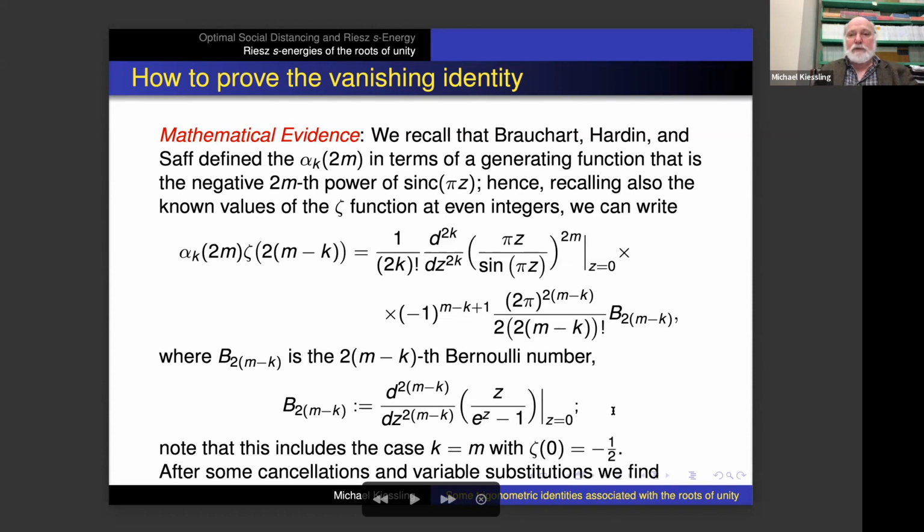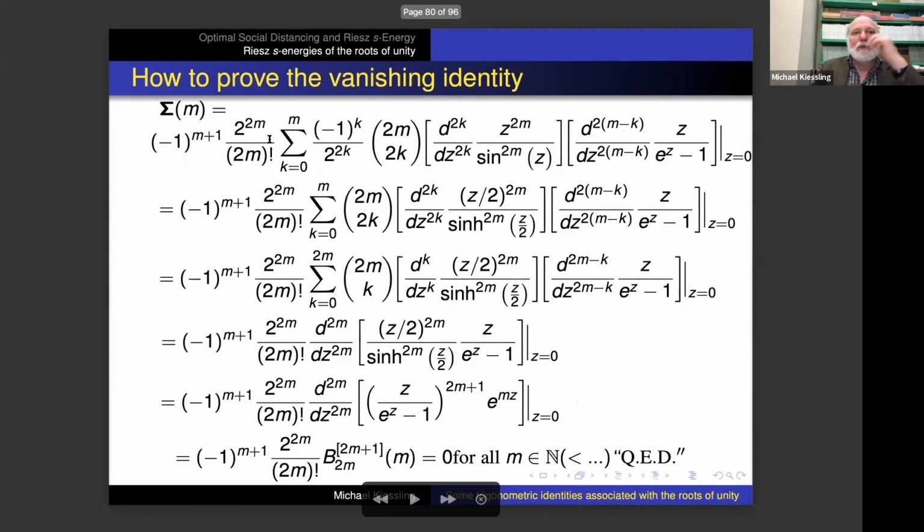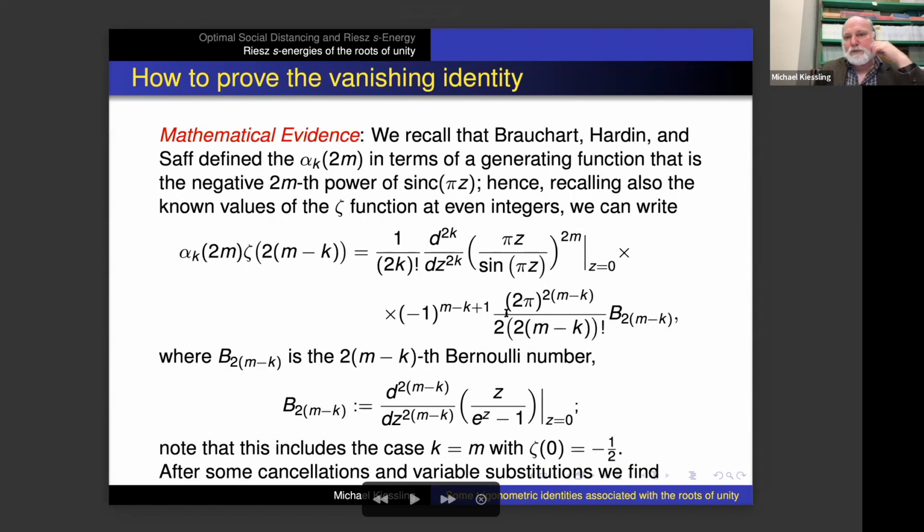And all right, so we are here, and now stick this into your summation for that boldface sigma of m, and that's what you get. So this is, I go very slowly through this, don't get scared. So here's your sigma m. I plug this definition in, but I already made some cancellations, so that is not too difficult to see.